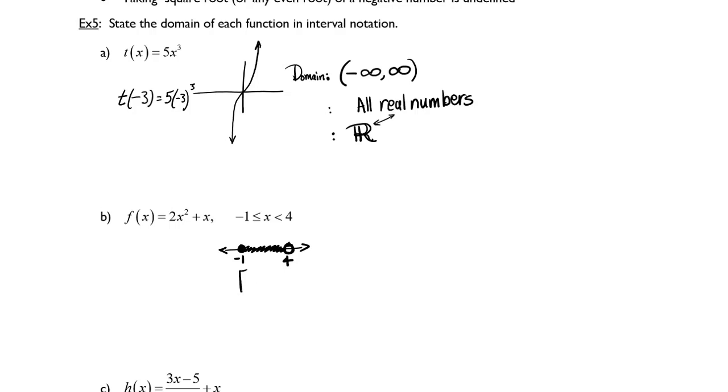So I can write this as open bracket -1 to 4 close parenthesis. That's the interval for my domain. If this interval had not been explicitly stated here, my domain values would have been all real numbers.